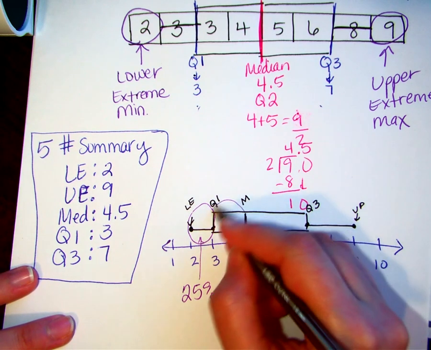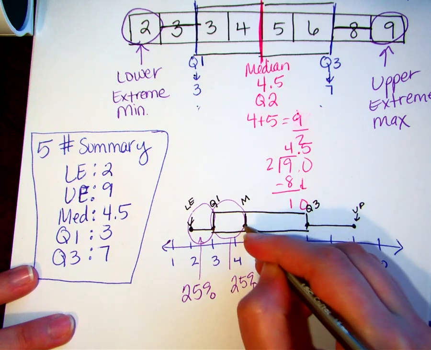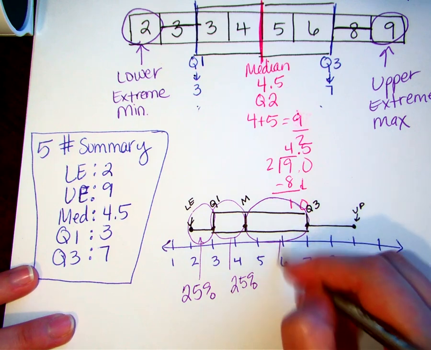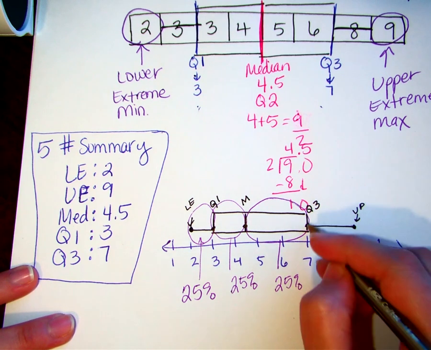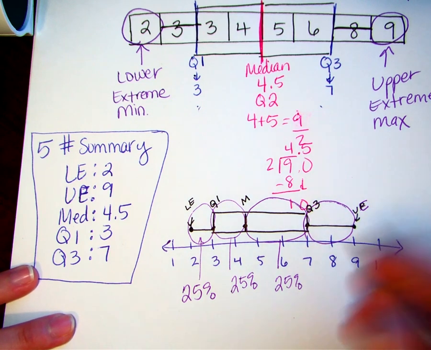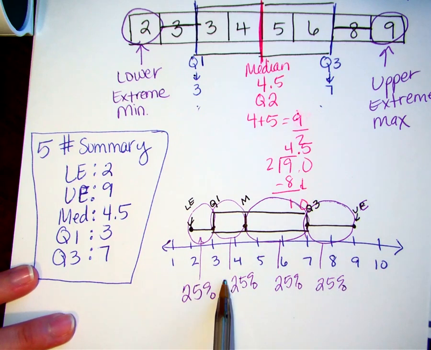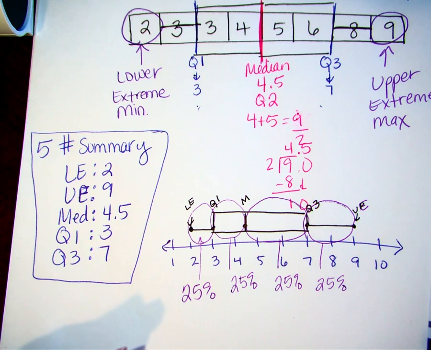So from here to here is another 25. And from here to here, from the median to Q3 is another 25%. And then from Q3 to the upper extreme is another 25%. Because 25, 25, 25, 25, that equals 100%. That's all of your data.